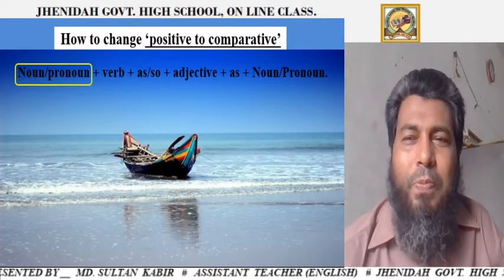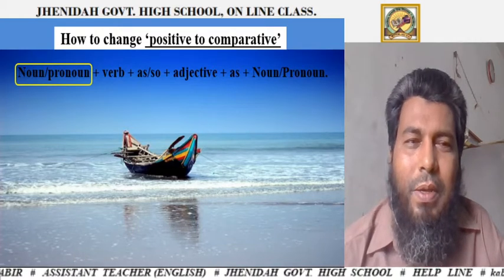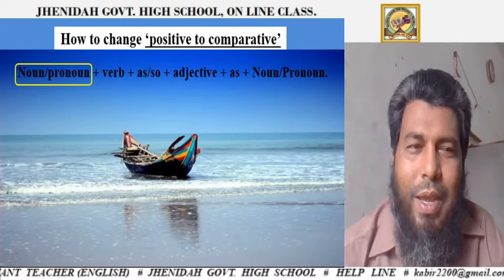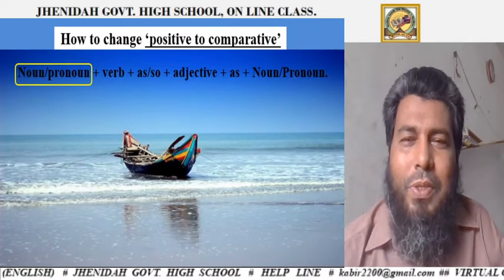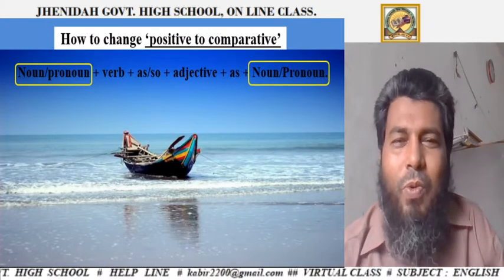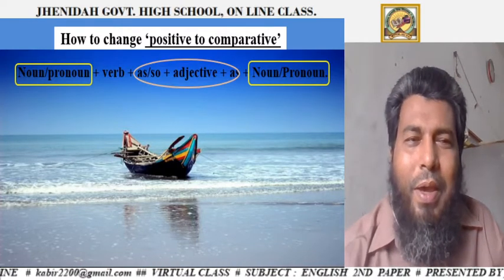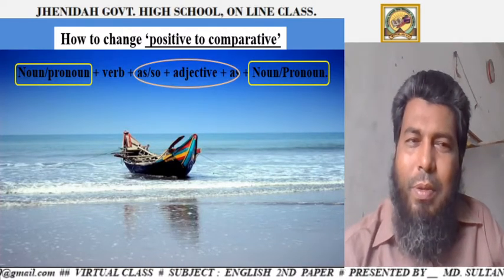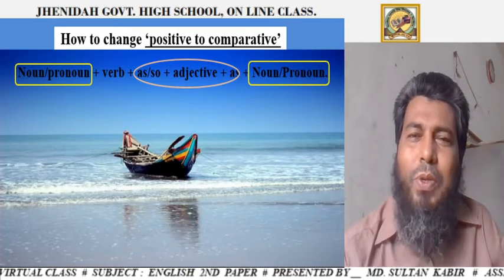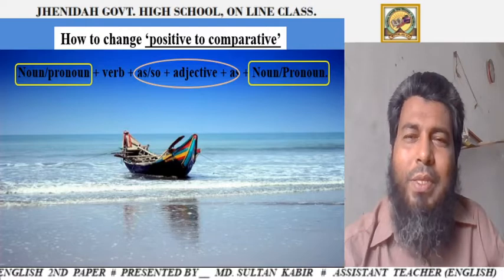Now look, the beginning of the positive degree is a noun or pronoun, right? And at the end of the positive degree, there is also a noun or pronoun. The main characteristic of the positive degree is as/so plus adjective plus as.